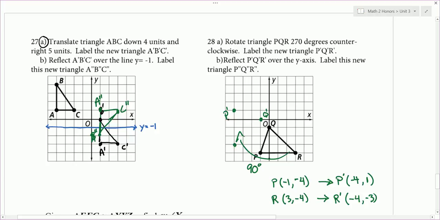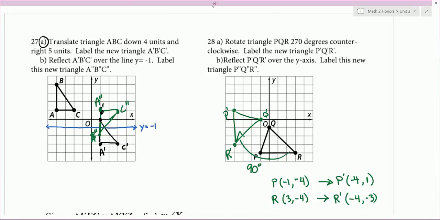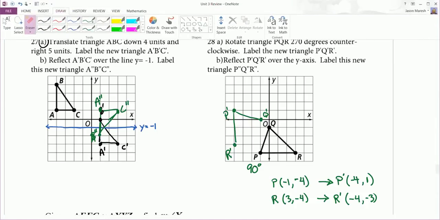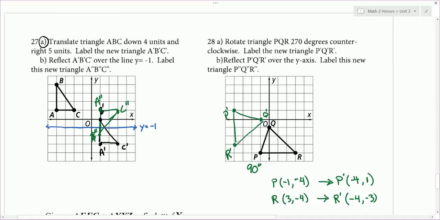And that's the correct result. That's where R prime is. There's our 90 degree clockwise, which is 270 degree counterclockwise. Okay. So done with the first step.